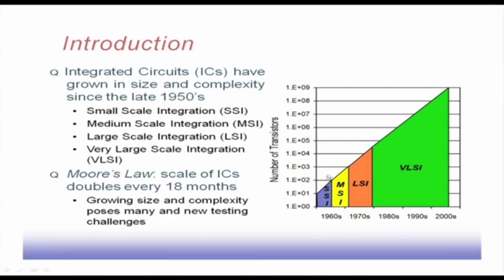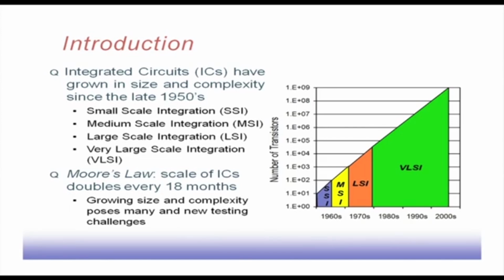There we have got 100 to 1000 transistors per chip. Then came LSI, large scale integration, having 1000 to say 10,000 or slightly more transistors. And after that, when we incorporate more transistors onto a chip, that actually brought the era of VLSI.